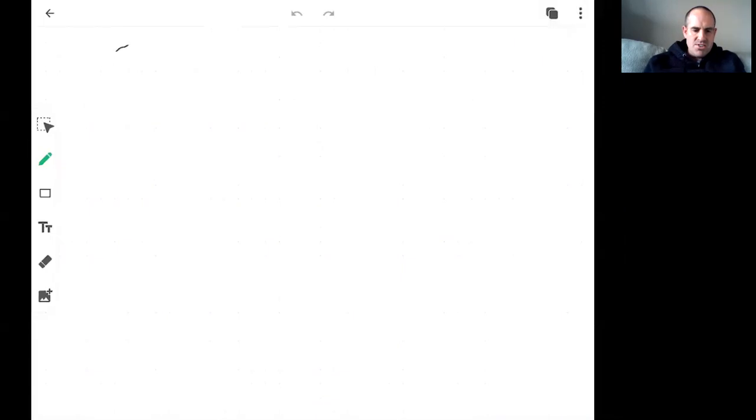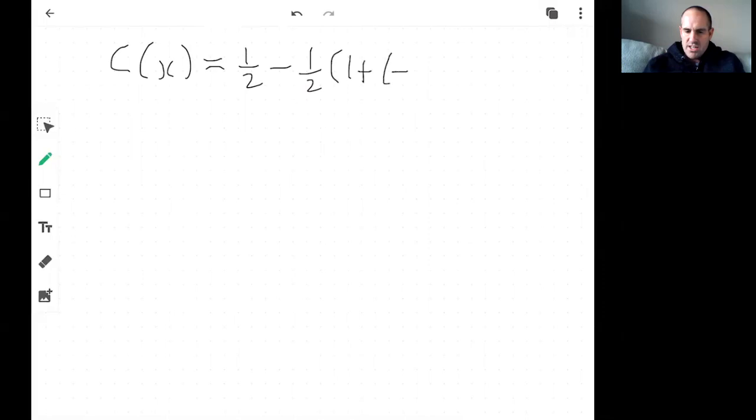Okay, so we know that C of x is equal to 1/2 minus 1/2 times the square root of 1 minus 4x, but I'm going to write that as 1 plus the quantity negative 4x, all raised to the 1/2 power. And then we use the general binomial theorem to write this as 1/2 minus 1/2, open parentheses.